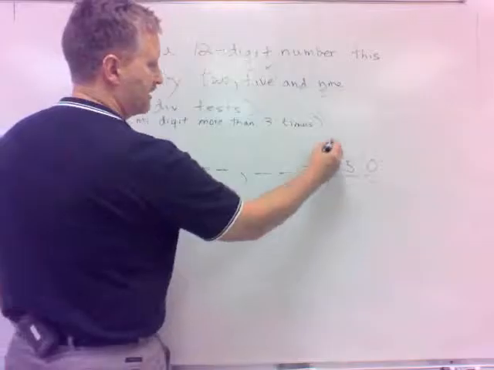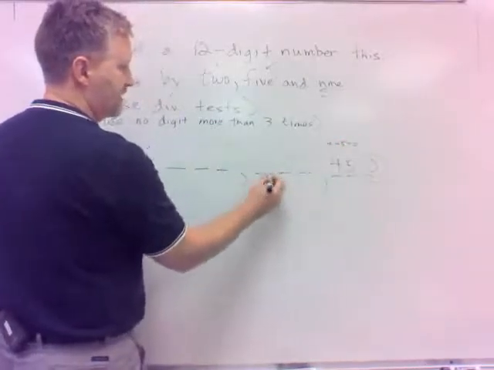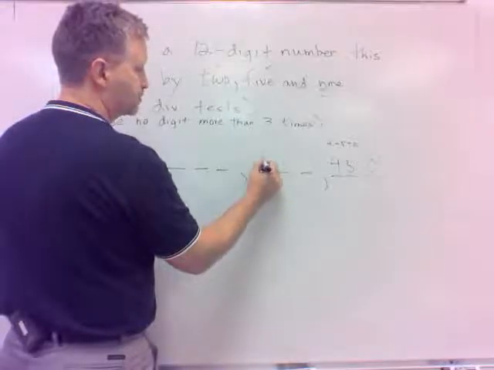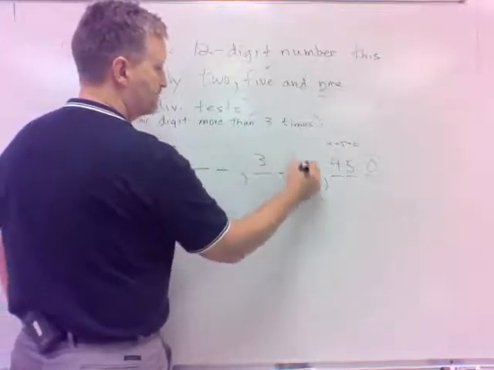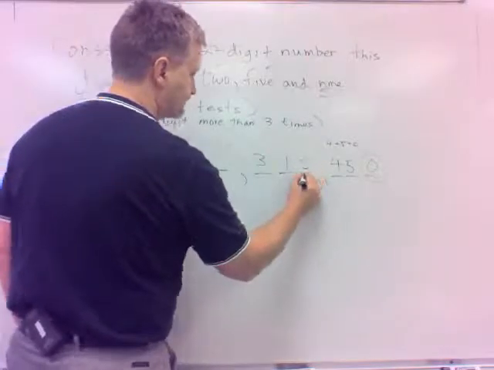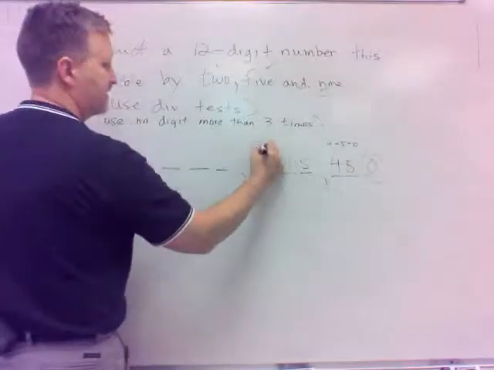So that gives me 9. Let's make this one another 9. How about 315. 3 plus 1 plus 5, that gives me 9.